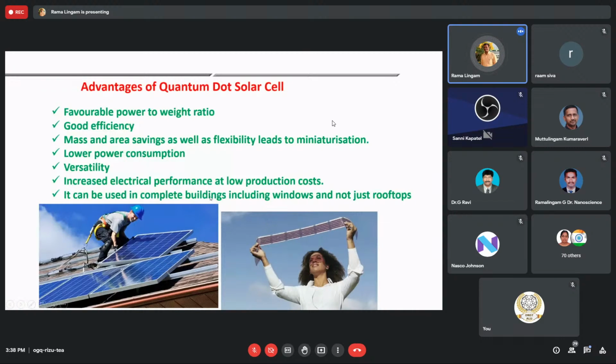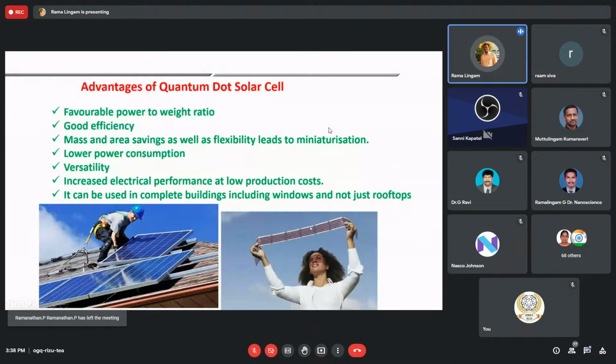And of course, quantum dot based solar cells have many advantages. Very flexible solar cells can be made through these quantum dots. Compared to the conventional solar cell, the power weight and the power consumption vary.